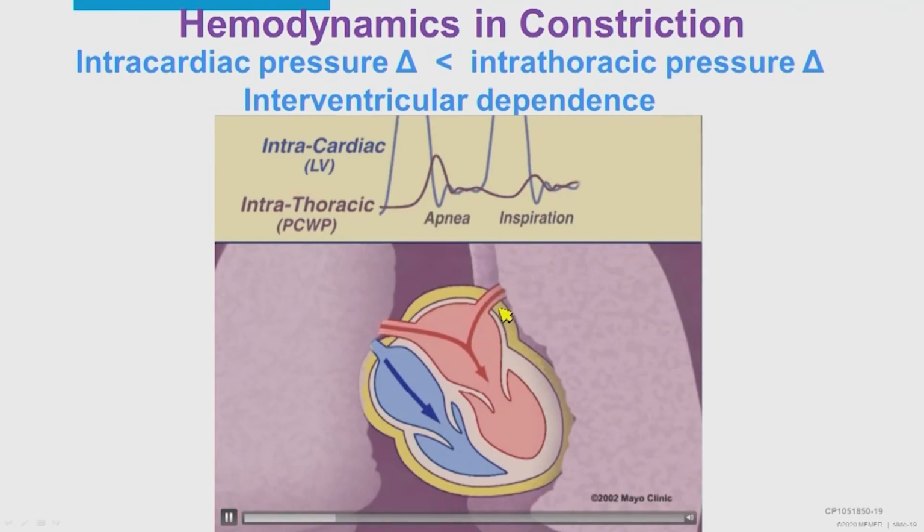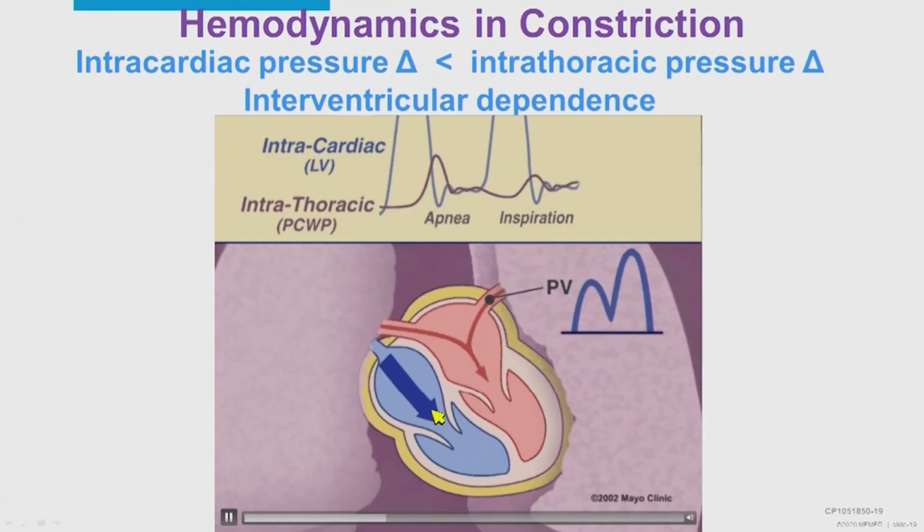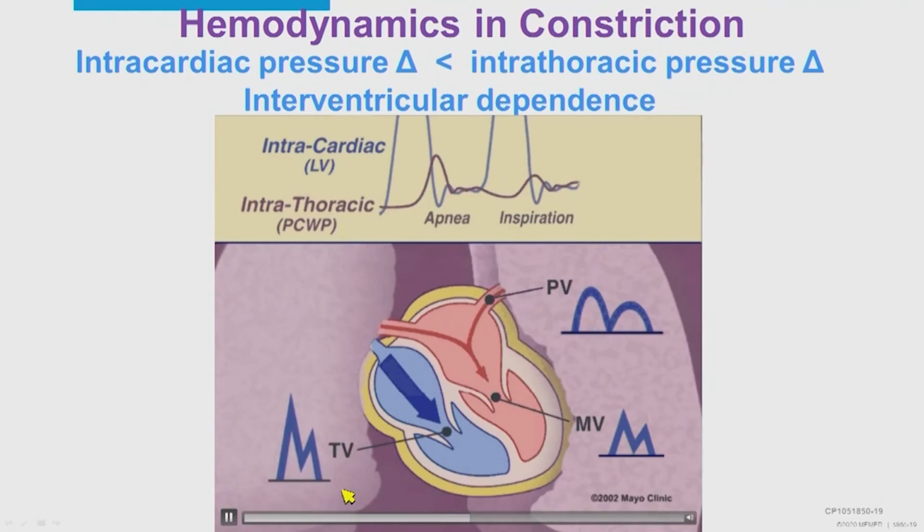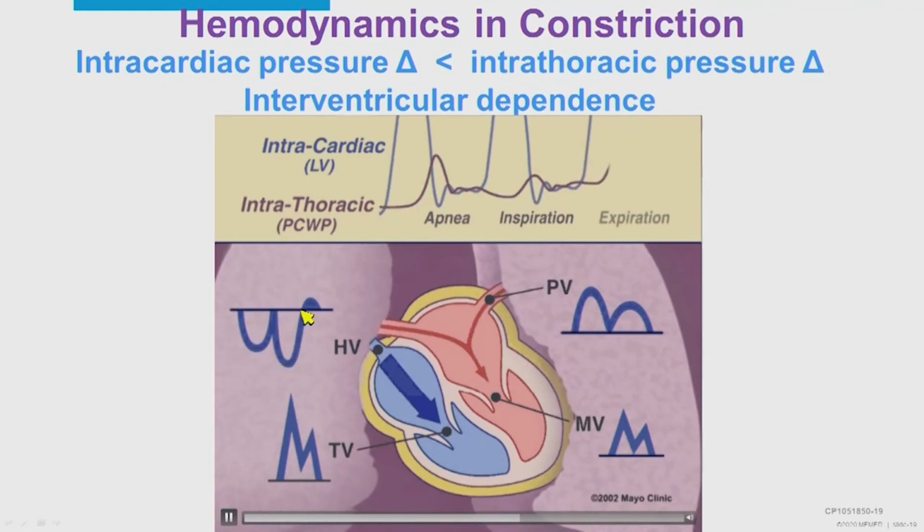That decreases filling to the left side chamber, allowing the septum to deviate to the left, with more filling to the right side chamber. So pulmonary vein diastolic velocity and mitral inflow velocity will decrease with the inspiration, and tricuspid inflow velocity will increase, and hepatic vein Doppler forward flow velocity will increase, but reverse flow is much less.